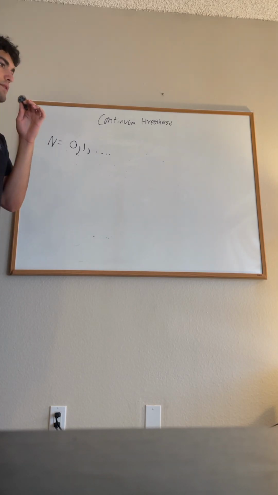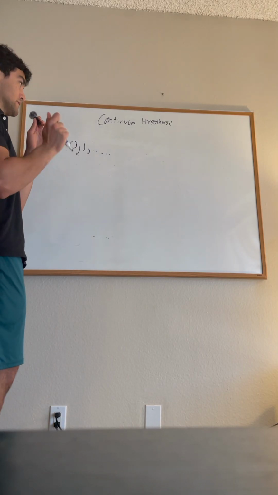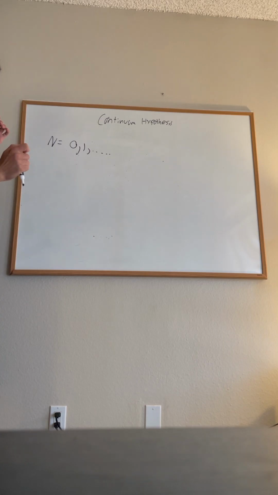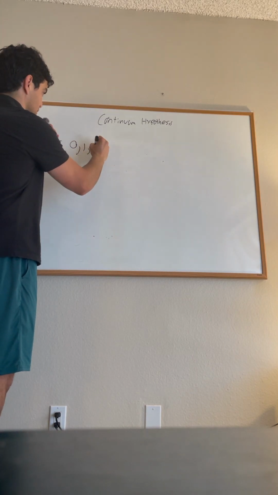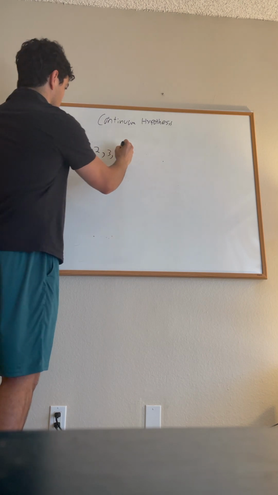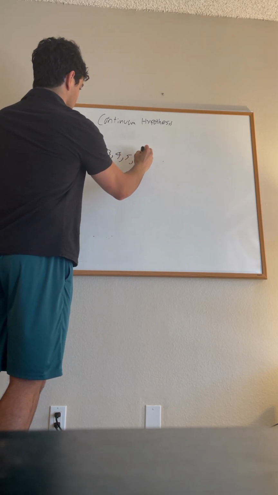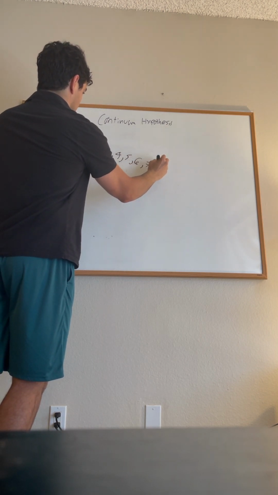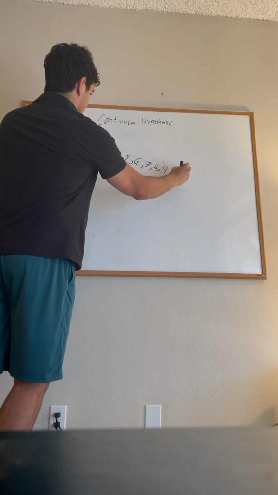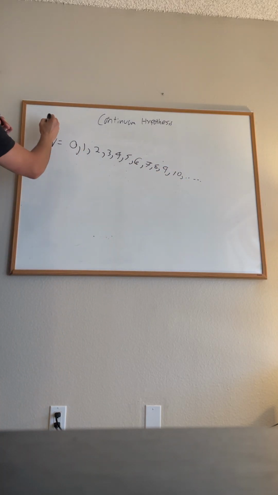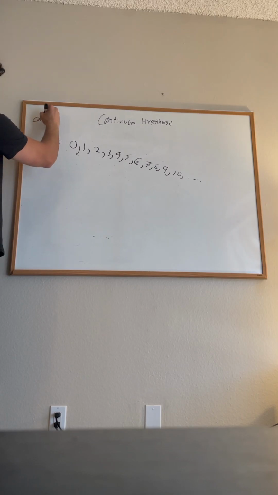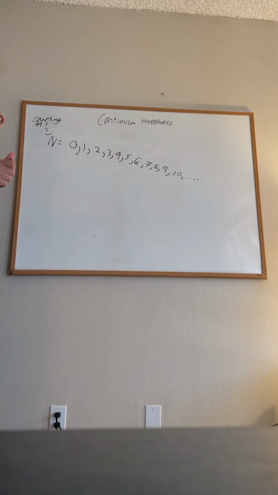So that's why we use this definition of cardinality, which is going to make sense in a second. Okay, so let's take all of our 0, 1, 2, 3, 4, 5, 6, 7, 8, 9, whatever. And we call these our counting numbers, another way of saying natural numbers, counting numbers, right?